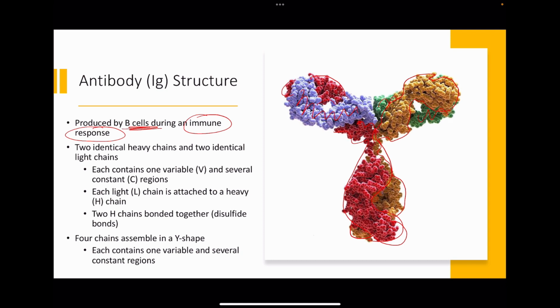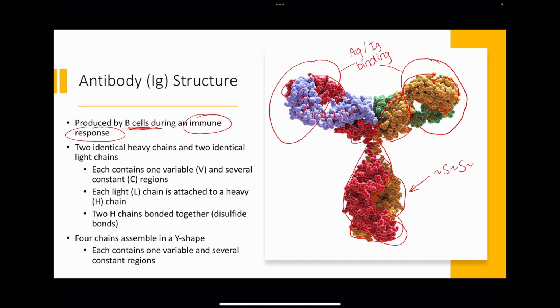Now, the heavy chains over here are linked together by disulfide bonds, and these ones up here are also linked. This region over here is where antigen binds to. So this is the AG binding region. And then, if you remember from that very brief description of the indirect method, this is where antibody also binds to, or Ig.